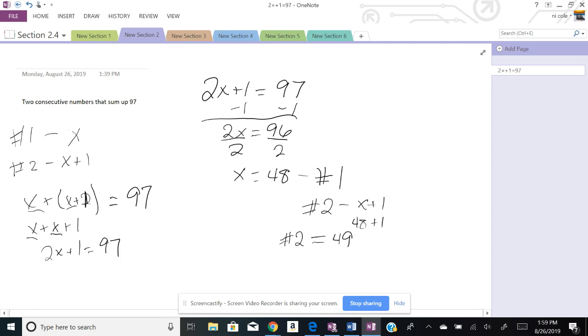All right, now let me check. I'm going to check by doing 48 plus 49, and does that equal 97? And if you're struggling with addition, subtraction, put 48 plus 49 into your calculator, and you're going to find out, yes, that does equal 97, which is great.